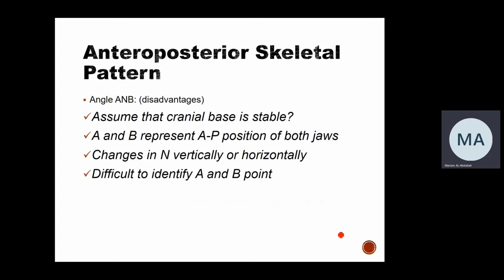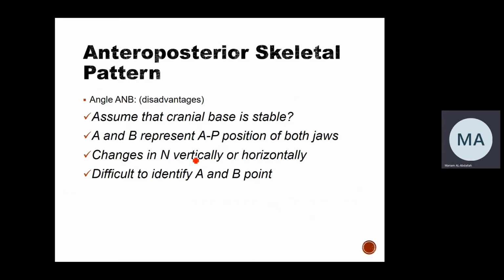Now, the disadvantages of Eastman analysis using the A and B angle is that it assumes that the cranial base is stable, and it studies the anterior-posterior position of the maxilla and the mandible in relation to the cranial base, when actually there are some changes in the end point vertically and horizontally with growth.